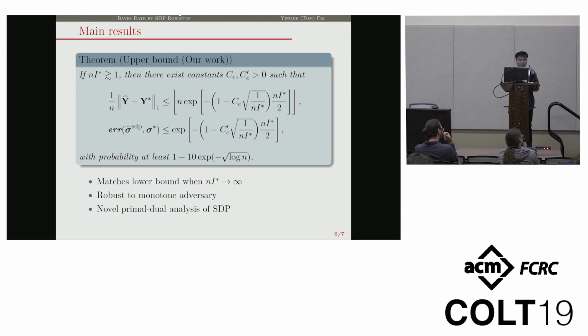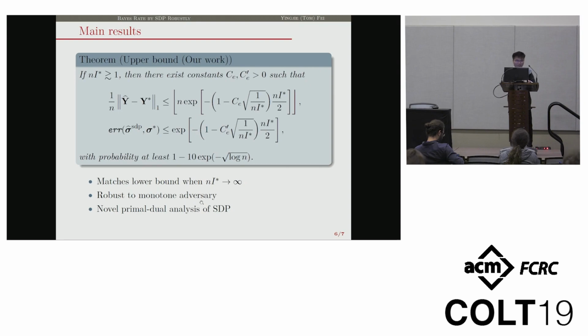Let me explain what we mean by robust here. We are saying that this SDP is robust to a monotone adversary, meaning that if you add some edges within the same cluster, or remove edges between nodes in different clusters, and you allow these operations, then this SDP will still attain these two exponential type bounds.